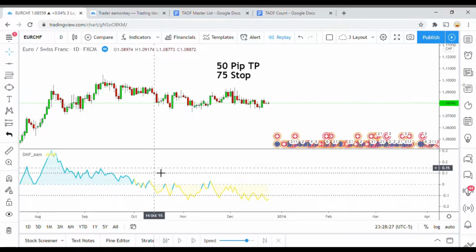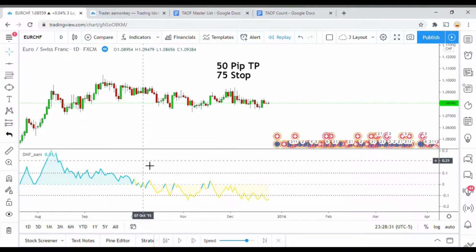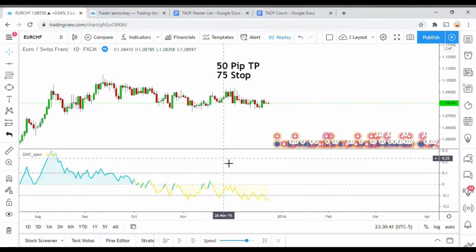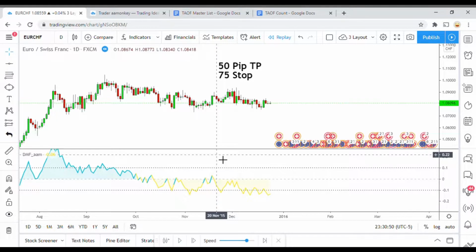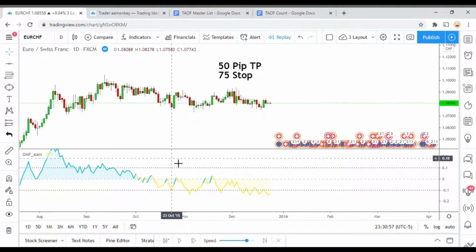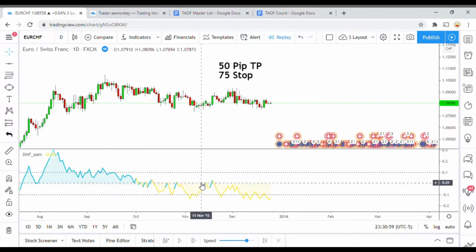And so if you remember back to when we tested the money flow, we've tested two separate indicators. We tested the standard money flow, and then we tested another one that was the Chaikin money flow indicator. I think there was another version that had something to do with the Bollinger Bands, if I'm not mistaken, as well. And so this one is going to be a zero line cross.